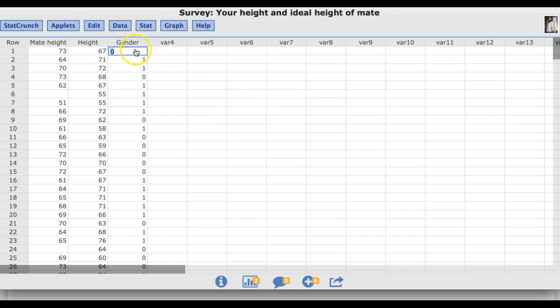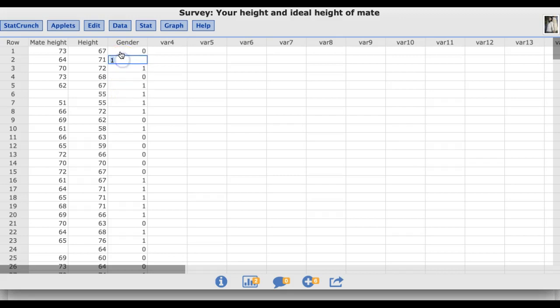Here's just the gender of the respondent. They're only using binary, meaning they're just using 0s and 1s to classify gender. I always emphasize that because gender is not always binary.